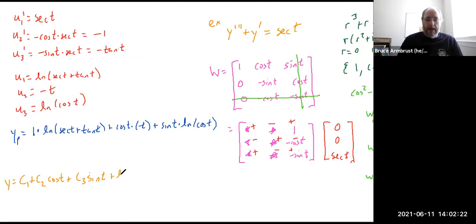So we're going to add then natural log of secant plus tangent minus t cosine plus sine times the natural log of cosine. And that right there, sorry about the extra slash.